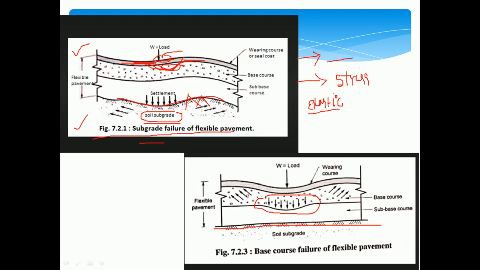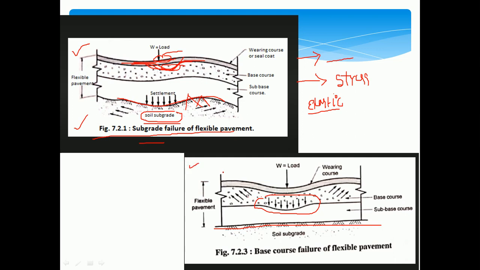If there is a loss of binding action between the materials, then we can also observe this type of failure. And loss of base course material, meaning if there is any erosion of the base course material, then also we can observe this type of failure.